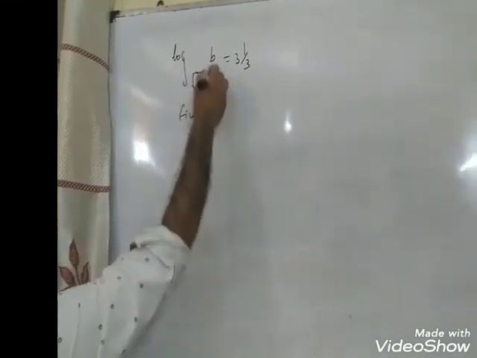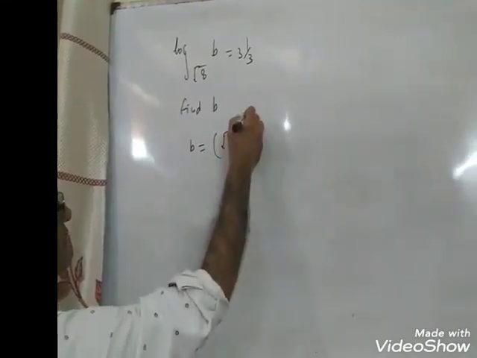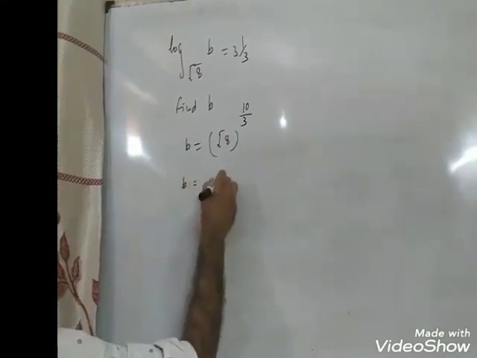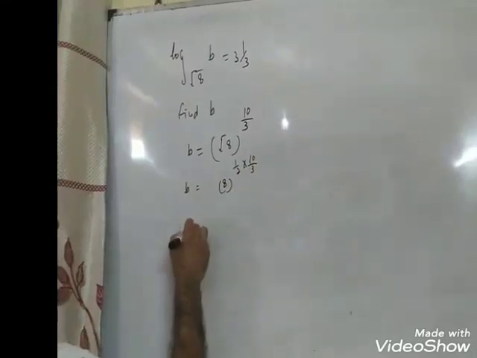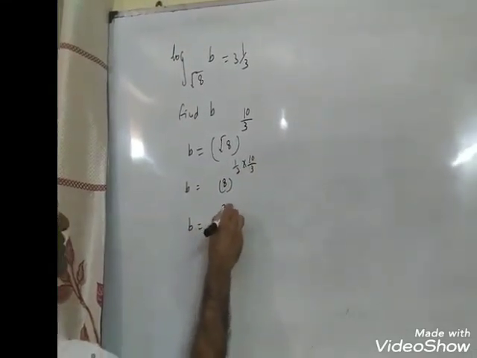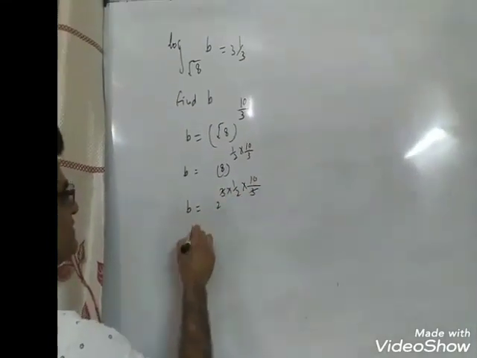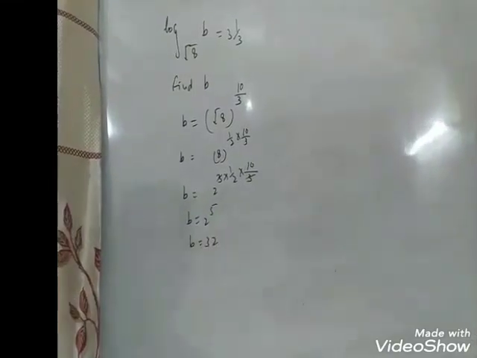So we can write b equals root 8 to the power 10 by 3. So b equals 8 to the power 1 by 2 into 10 by 3. So this can be written as 2 to the power 3, 1 by 2 into 10 by 3. The 3 gets cancelled, so 2 to the power 5. So this is equal to 32.